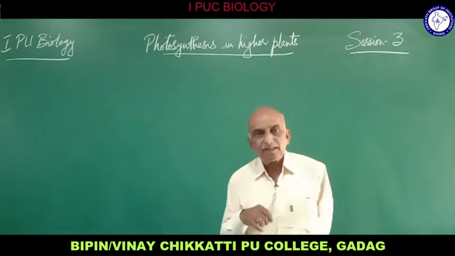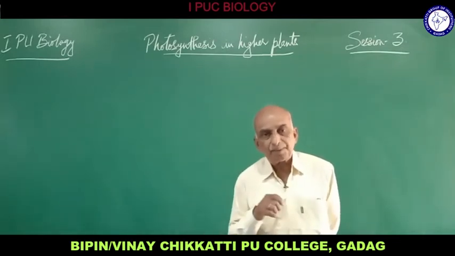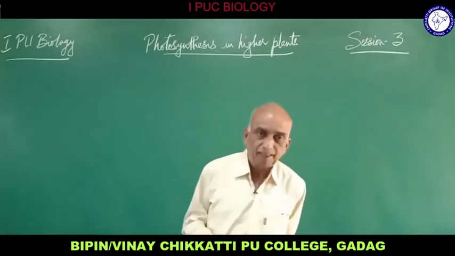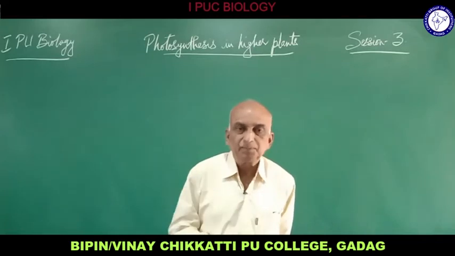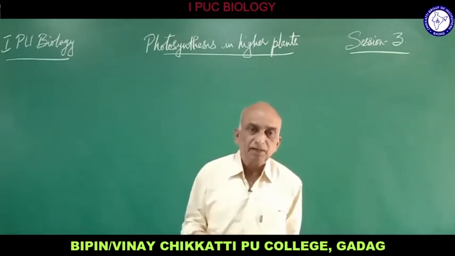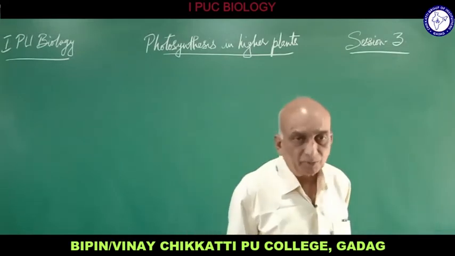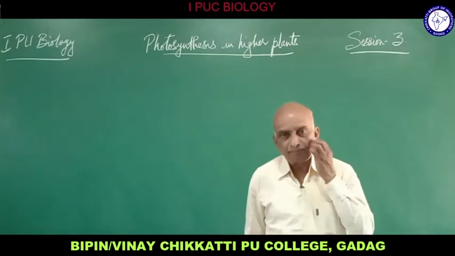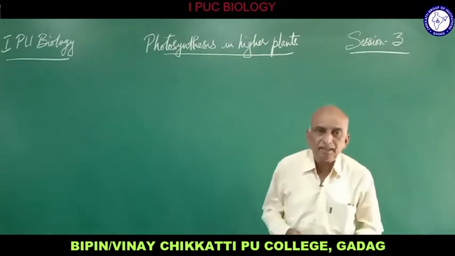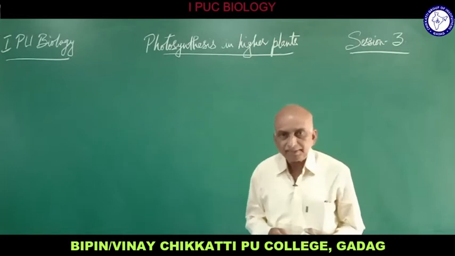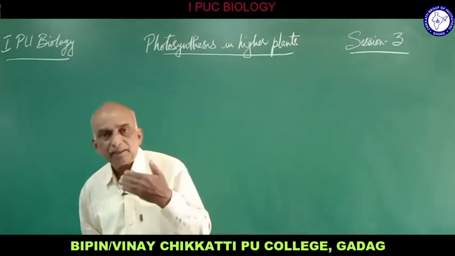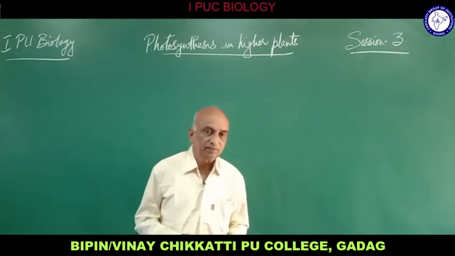These electrons are then passed to a series of cytochromes. There are different types of cytochromes. Cytochromes are electron carriers, a kind of protein molecule capable of carrying electrons, that is, oxidoreduction reactions. They receive electrons and they donate electrons.